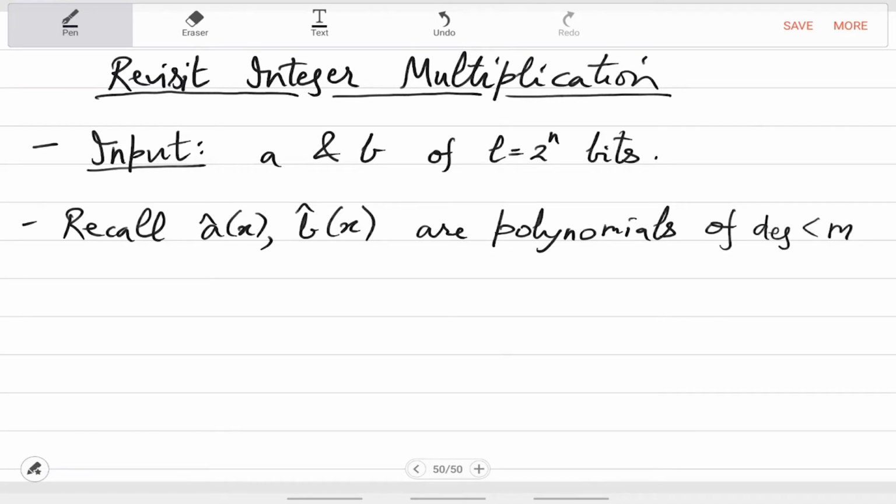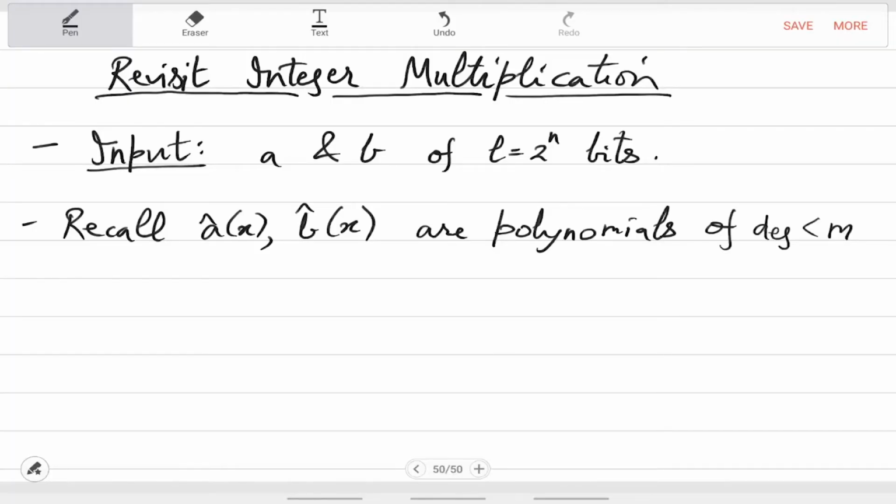So basically m will be around square root L. So we'll divide this L sized binary string into square root L blocks. Each block is of size square root L. And each block will give us a coefficient, and we'll get a polynomial of degree square root L.